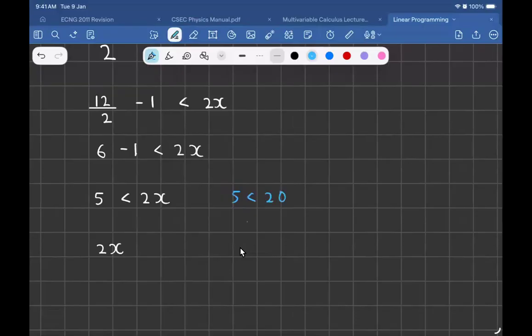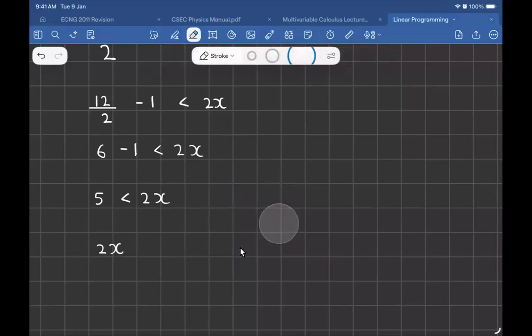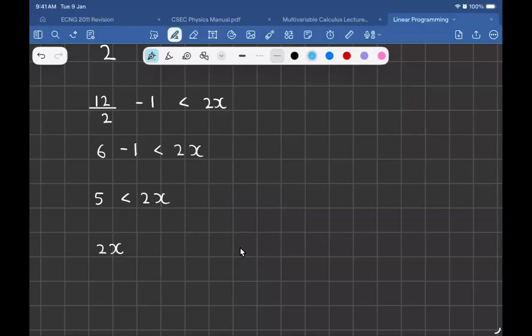If I switch it around, am I still going to put that same inequality sign? No. So the less than sign, we flip it to more than. I know it's supposed to flip it. Right, good. What next?